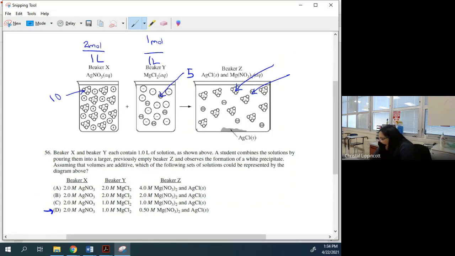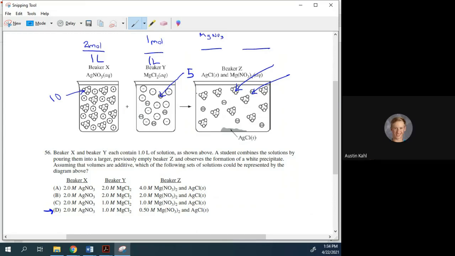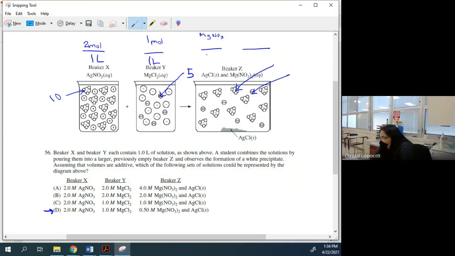Then I come over here. What's happened to the size of this container? It's gone to 2 liters. Exactly. So I've got 2 liters underneath here. Now, my magnesium and my nitrate here.